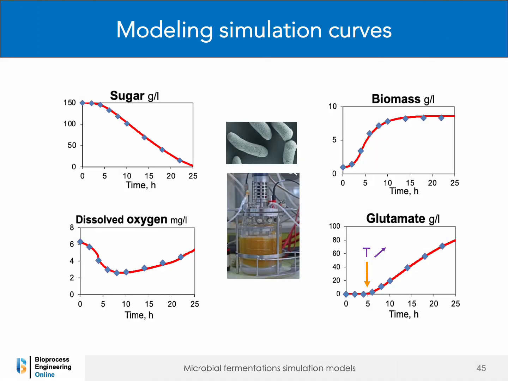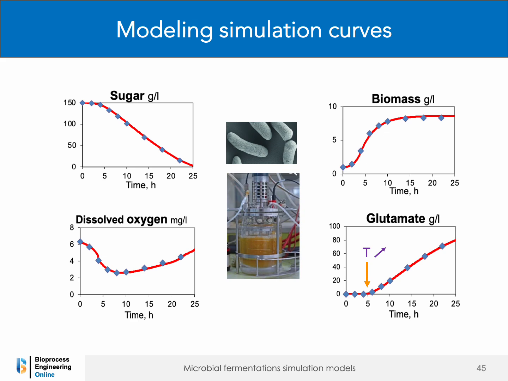With the model parameters properly identified, solving the system of equations yields the simulation curves that describe the fermentation dynamics. For the case of glutamic acid fermentation, the simulated profiles accurately reproduce the experimental time courses of sugar, dissolved oxygen, biomass, and glutamate concentrations during the batch process.